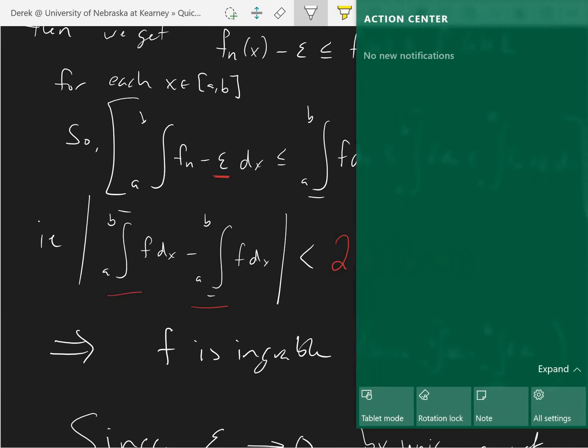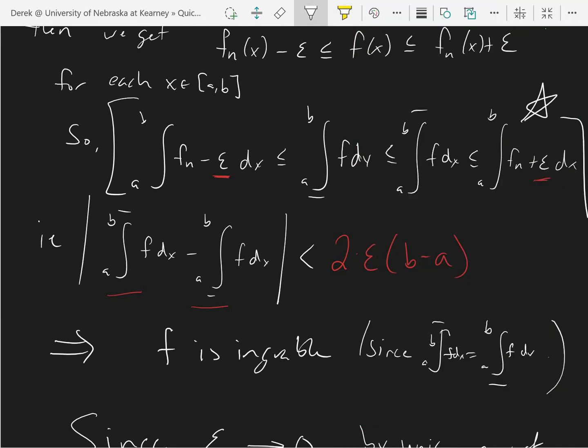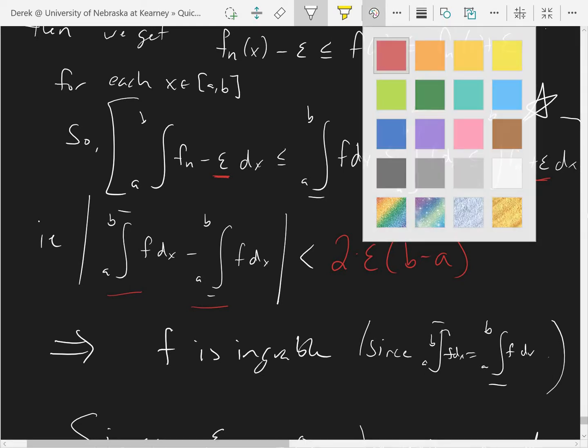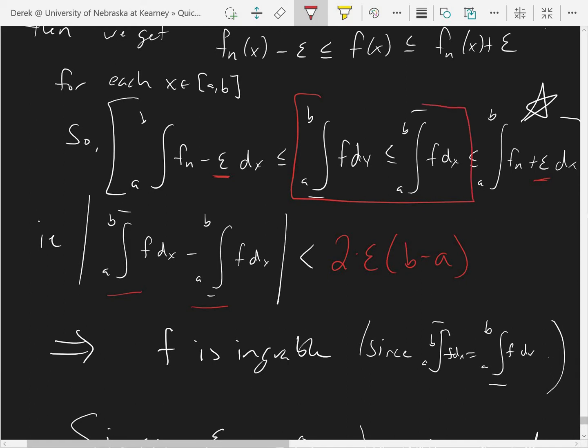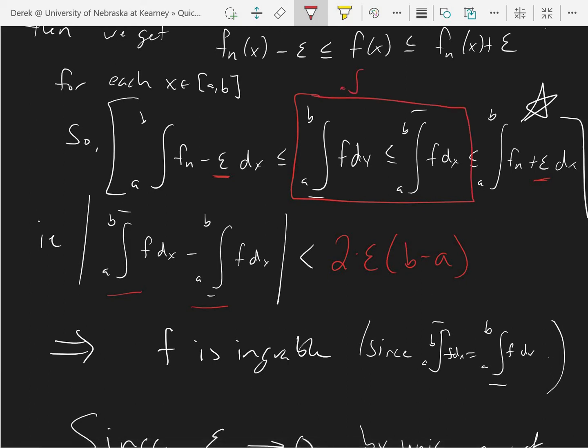Let me call it star. This statement says that I can replace the stuff in the middle by the actual integral from a to b of f dx, and these were epsilon sub n's. I can compare this to the integral of f sub n, and it's going to be within epsilon sub n times b minus a of it.